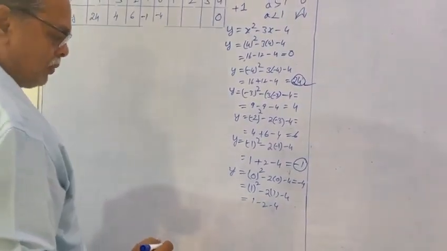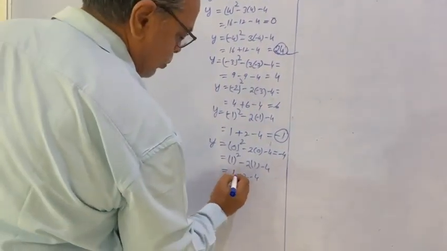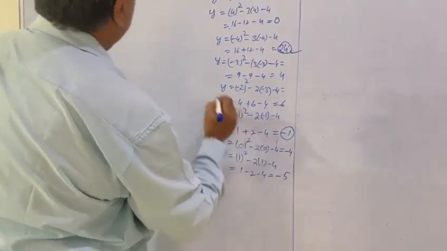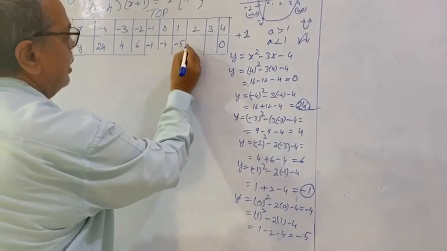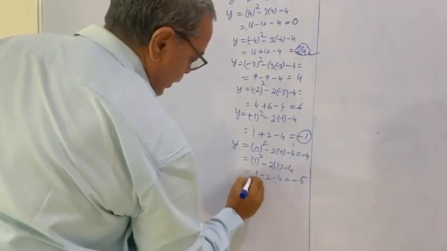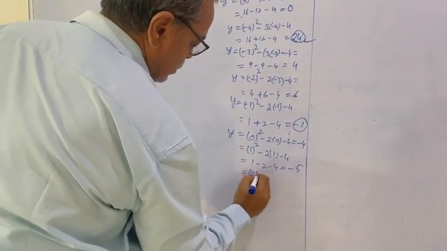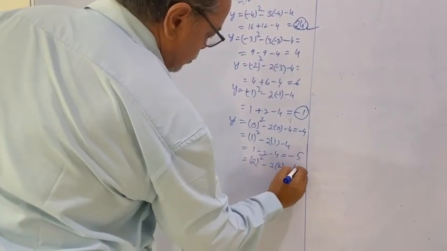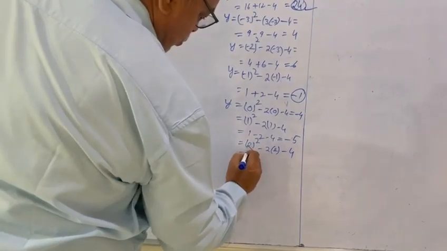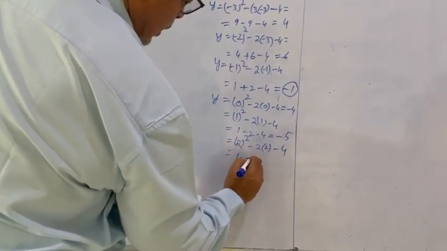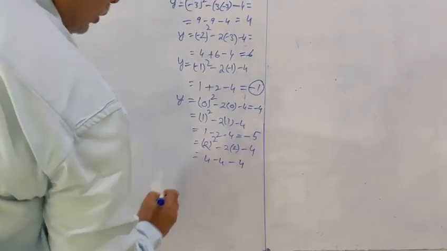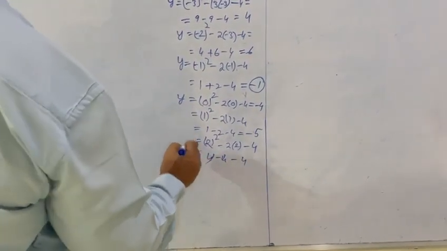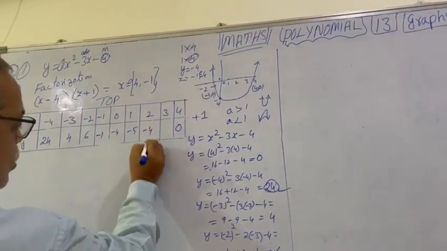Then if you take 2 in place of x, 2 square minus 3 into 2 minus 4. What do you get? 4 minus 6 minus 4, which is minus 6.